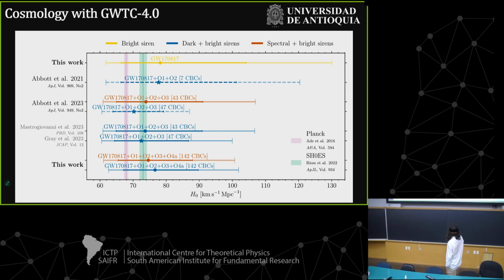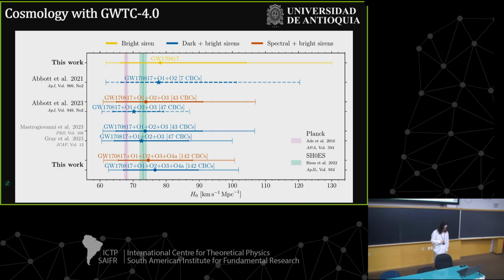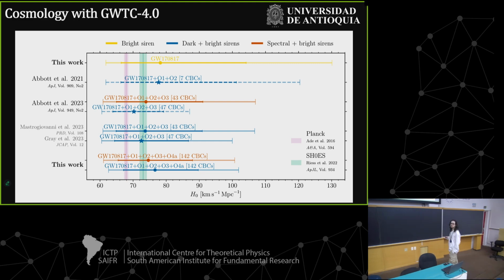And you can also see here the two curves for Planck and SH0ES values. So both of the results are in agreement with the estimated value of the Hubble constant with gravitational waves so far. They are both within the confidence level regions, 68 and 90%, in all the cases. So yeah, this is what we have so far for this.